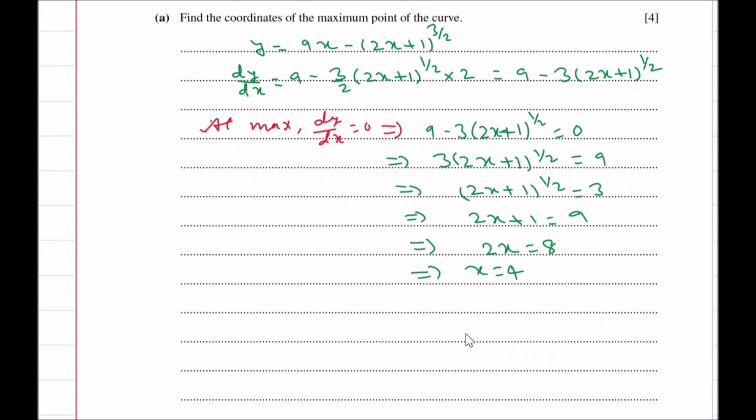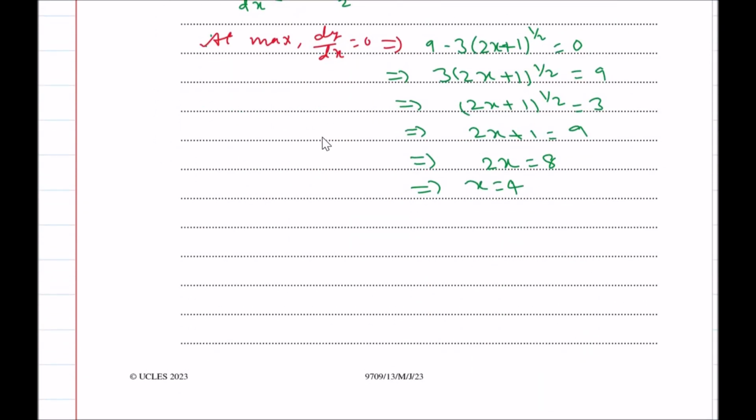Now we can find the y coordinate. So therefore y equal to 9x minus, so 9 into 4, minus 2 into 4 plus 1 to the power, sorry, 3 by 2, not half.